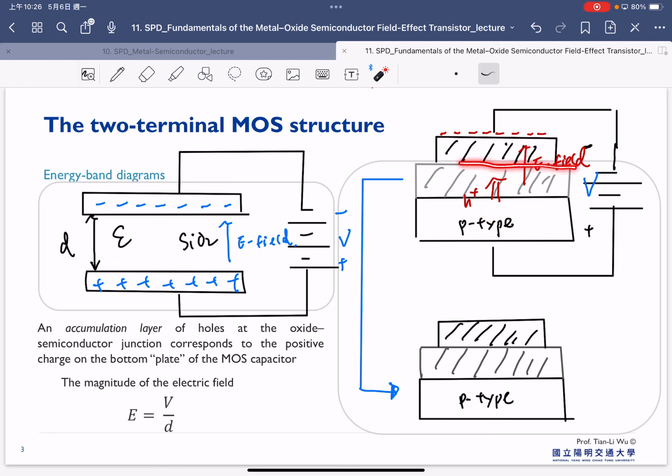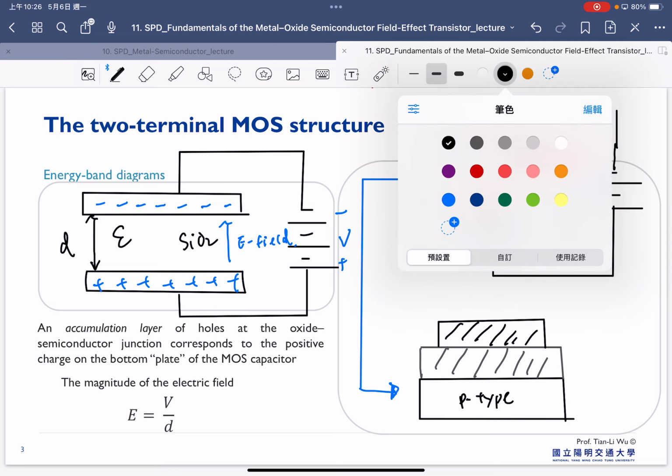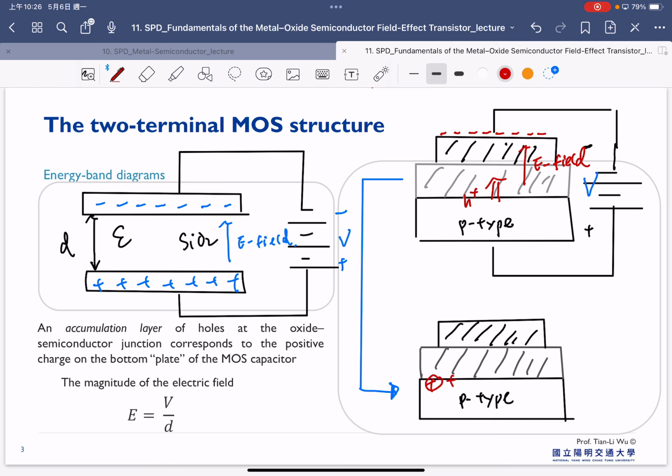But this is an insulator, so ideally the holes cannot overcome this insulator and move to the top. The holes will only be accumulated in this region.